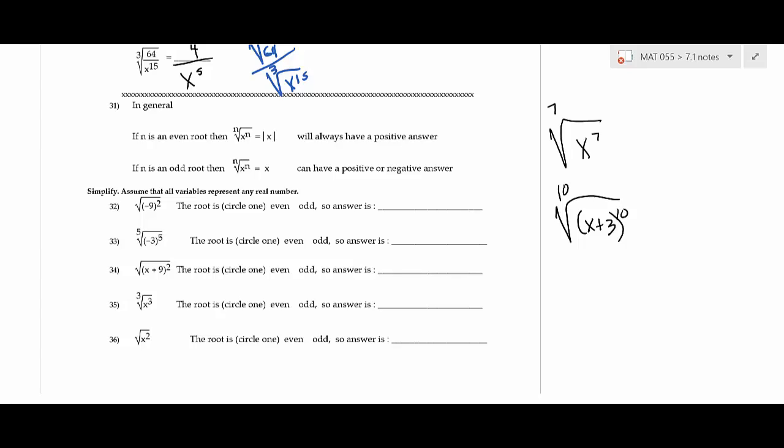So what you have to do depends on whether it's an odd or even root as to how you write your answer. And I'm going to drill you on that first, and then I'll explain why. So it turns out if you have an even root, where these things match, where the n and n are the same number, then you have to use the absolute value of whatever is under that symbol.